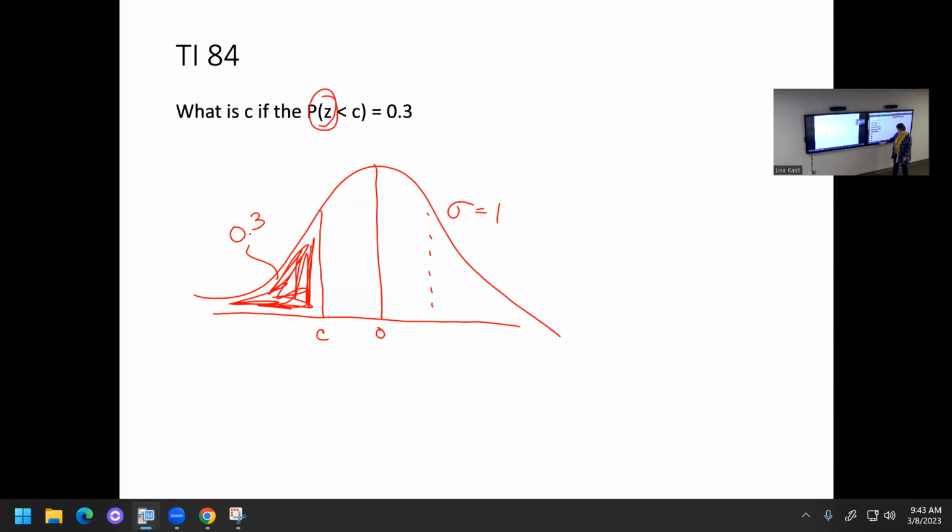Negative 0.5. So the area under the curve equal to 0.3 equates to a z-score of negative 0.5.